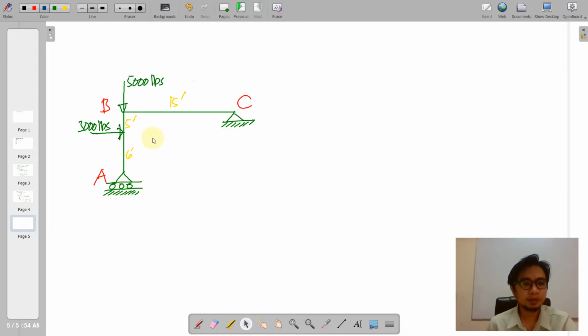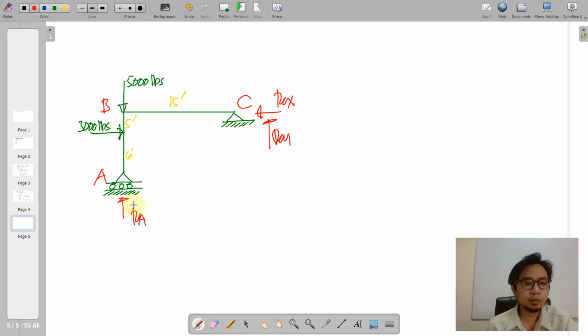So moving on to the example, we have here a frame supported by a roller and a pin. This time there will be a vertical member AB, and these are subjected to 3000 horizontal and 5000 going downward force at B. So the first step is to determine the reactions.